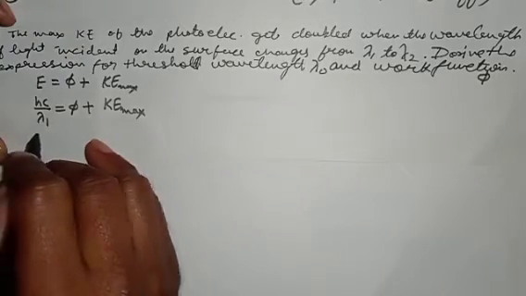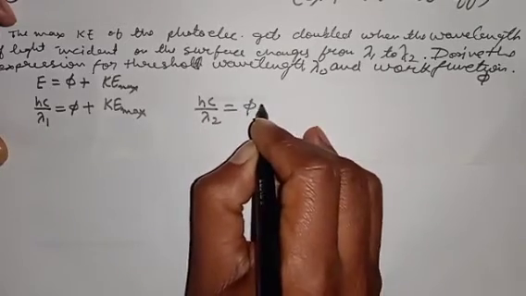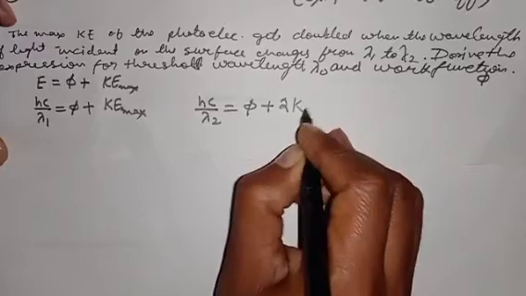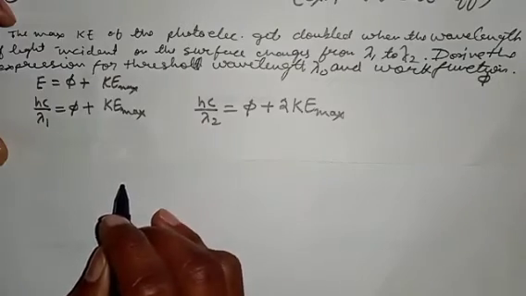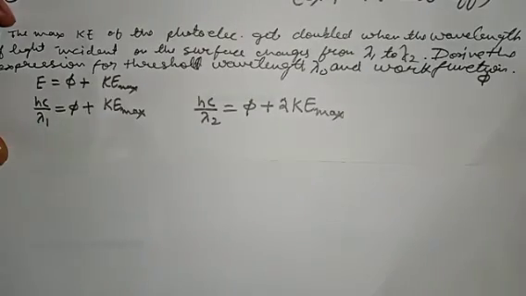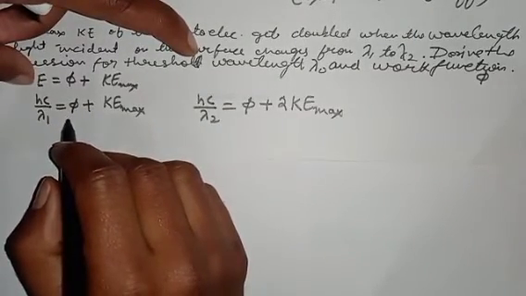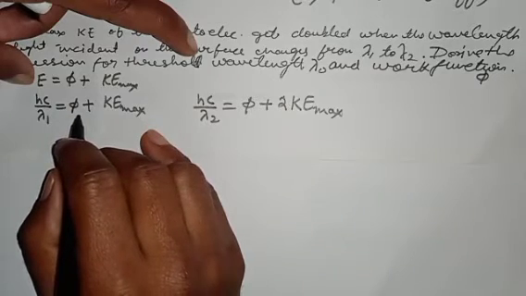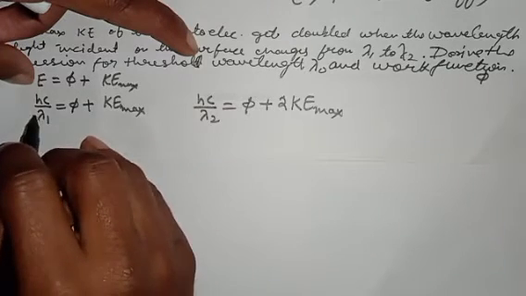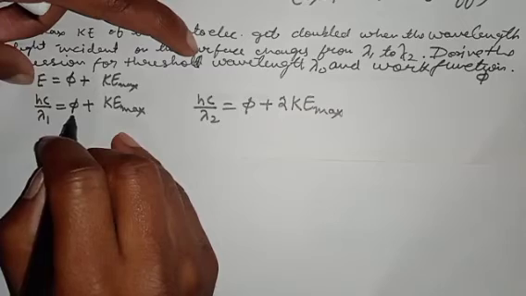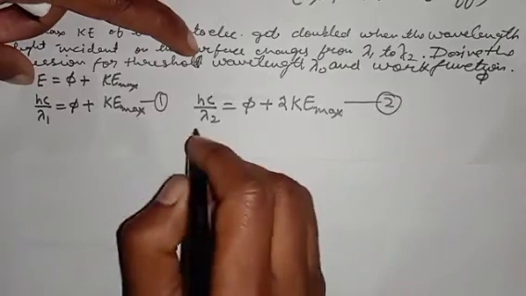In case 2, it is hc by lambda 2 equals phi plus twice KE max. So we have to eliminate KE first. What we can do, we can multiply equation 1 by 2.